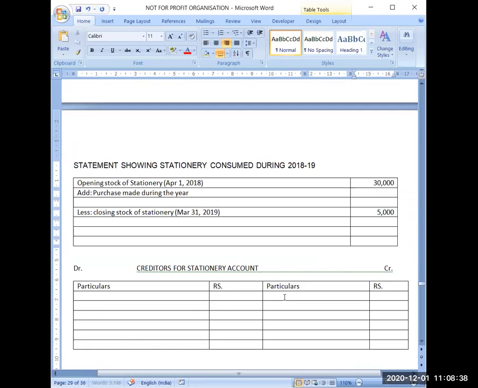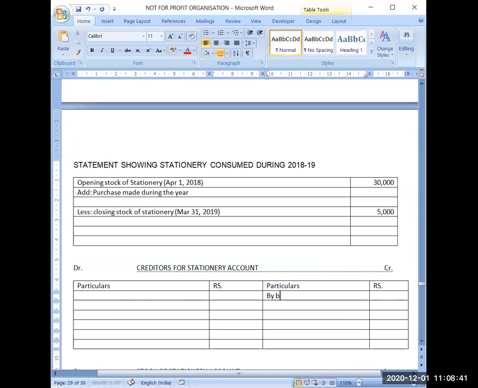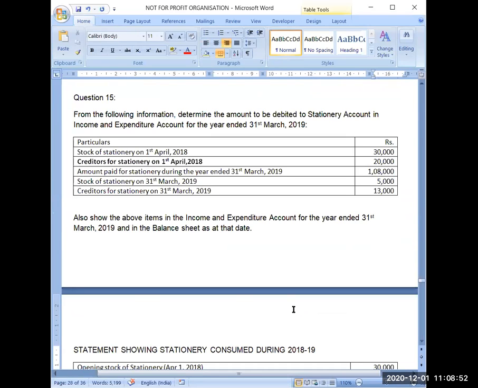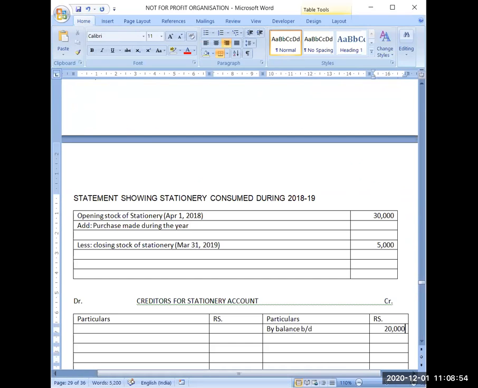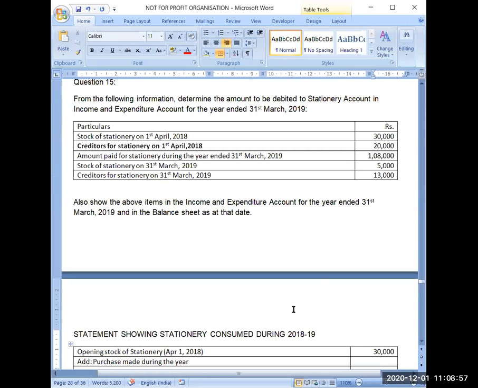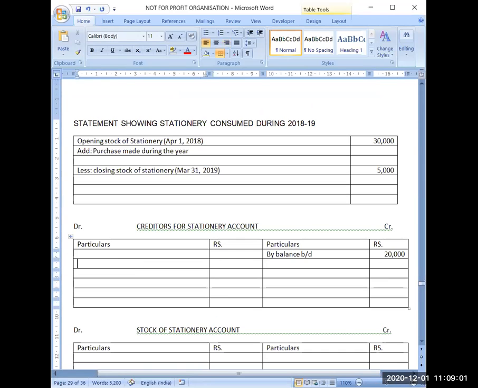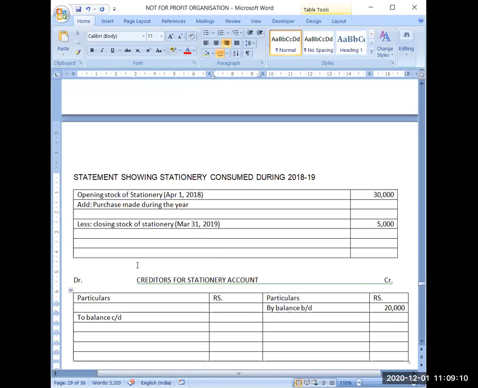Now we will write the opening balance of creditors, by balance brought down. Opening balance is 20,000. Then closing balance of creditors is 13,000, to balance carried down, 13,000.